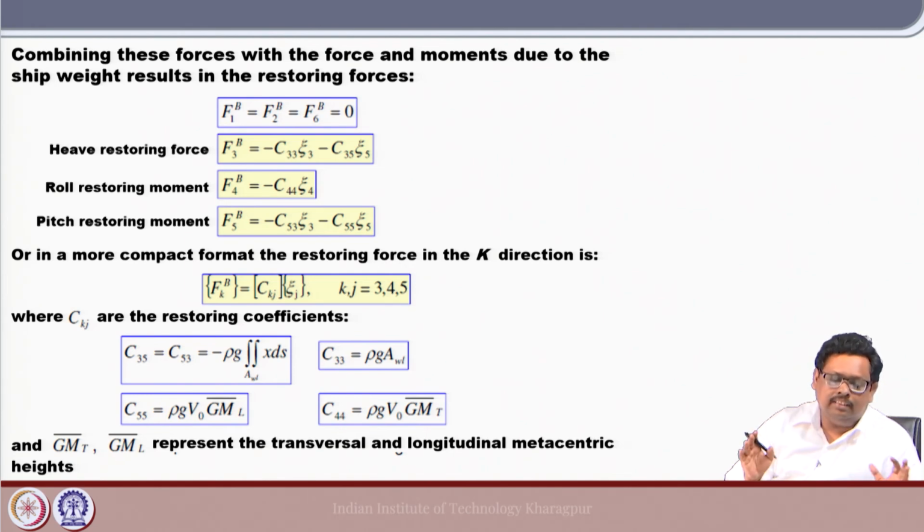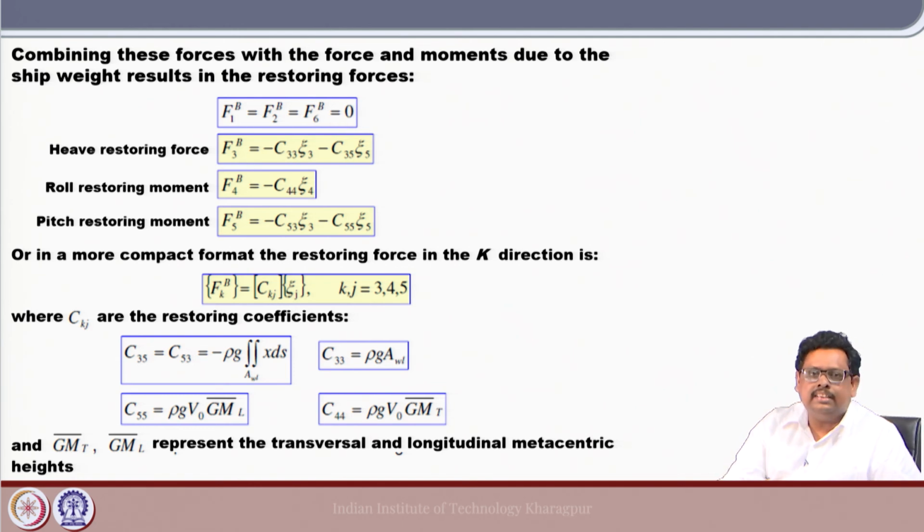Now, before we go to the radiation force, let us discuss the restoring force also. In case of strip theory, it is the same, it is a geometric property, and this is how we can get the restoring force. So, there is no big deal, we know how to get it.